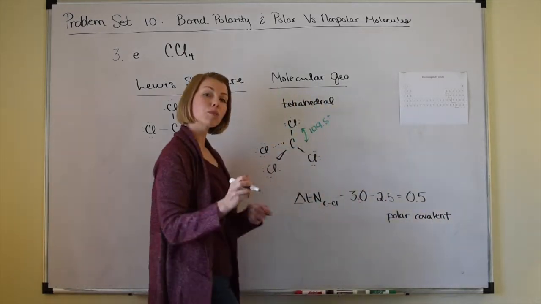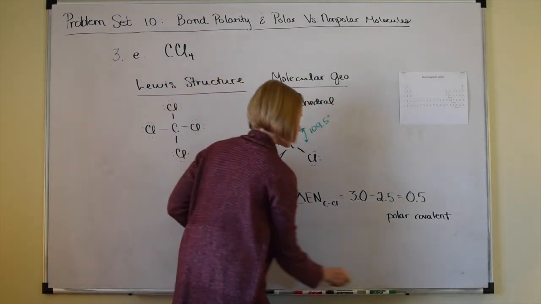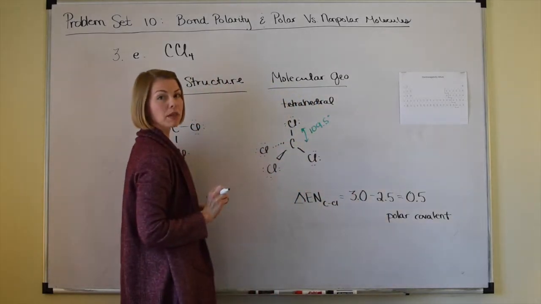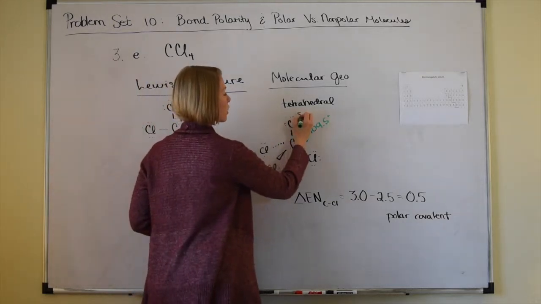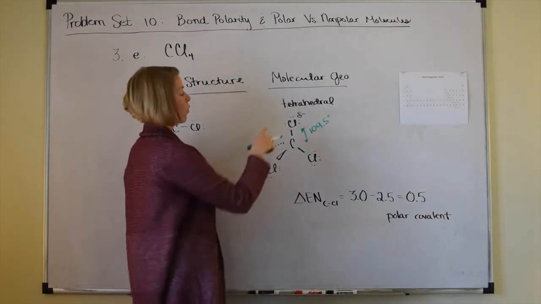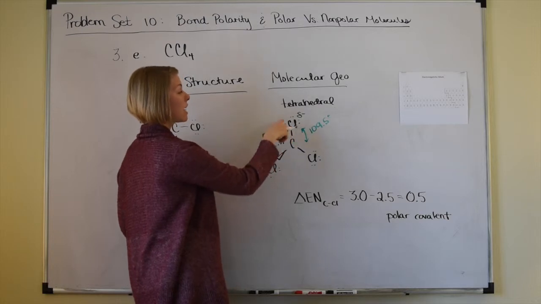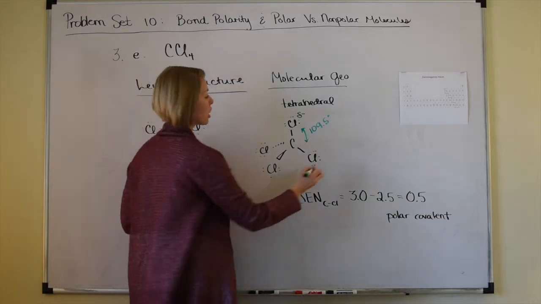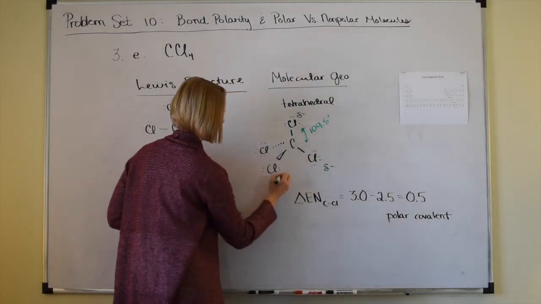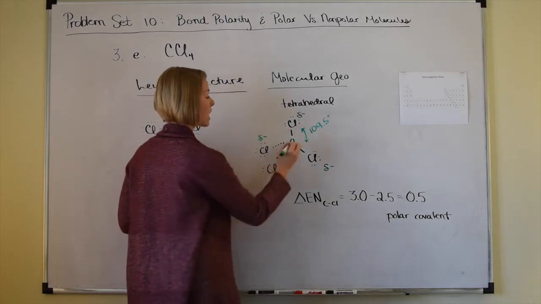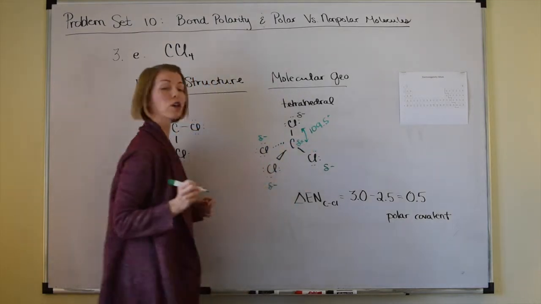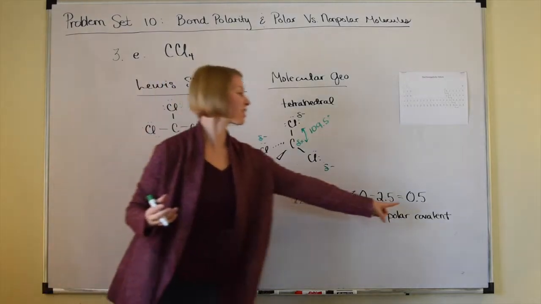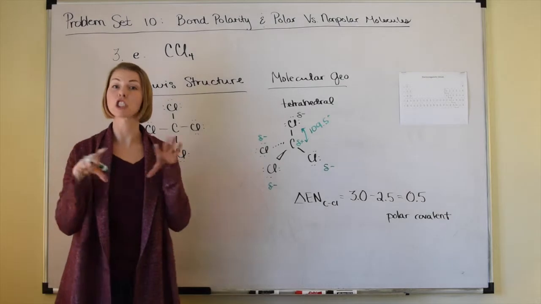So there will be some partial positive and partial negative charge buildup. The more electronegative atom is chlorine, so that means that chlorine is winning the tug of war for these shared electrons here in this bond. It's going to have more of the electron density, and chlorine's going to have the partial negative charge. That goes for all of these bonds, because they are all carbon-chlorine bonds, and that leaves our carbon partial positive. But once again, equal in magnitude and opposing in direction.